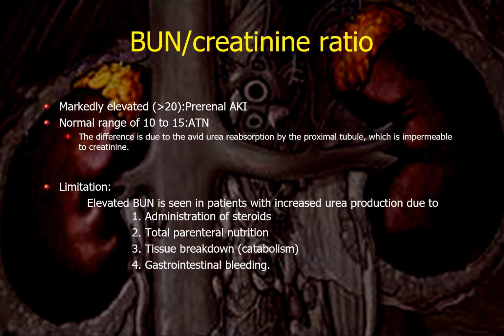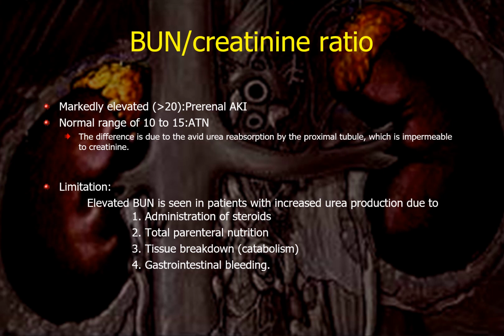BUN creatinine ratio is a simpler and easier to remember method of differentiating prerenal AKI from ATN. Markedly elevated, meaning more than 20 ratio of BUN and creatinine, is indicative of prerenal AKI, while a normal range of 10 to 15 is indicative of ATN.